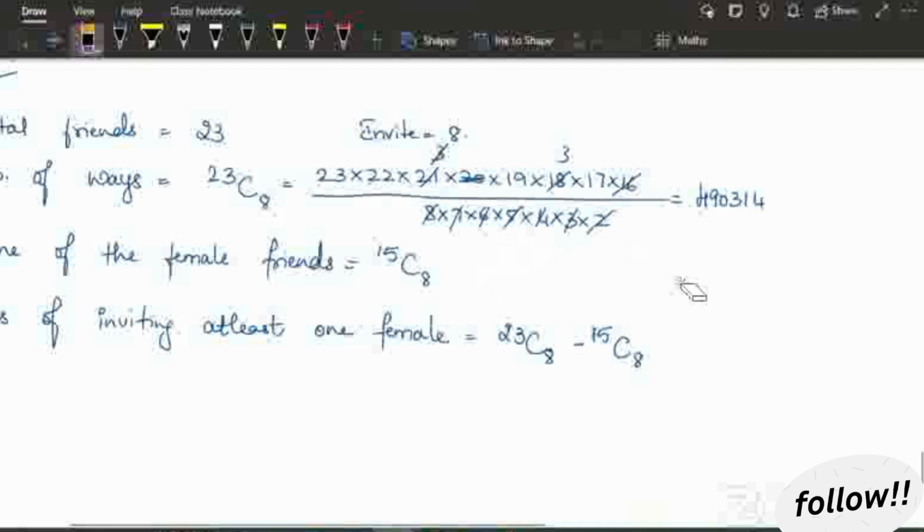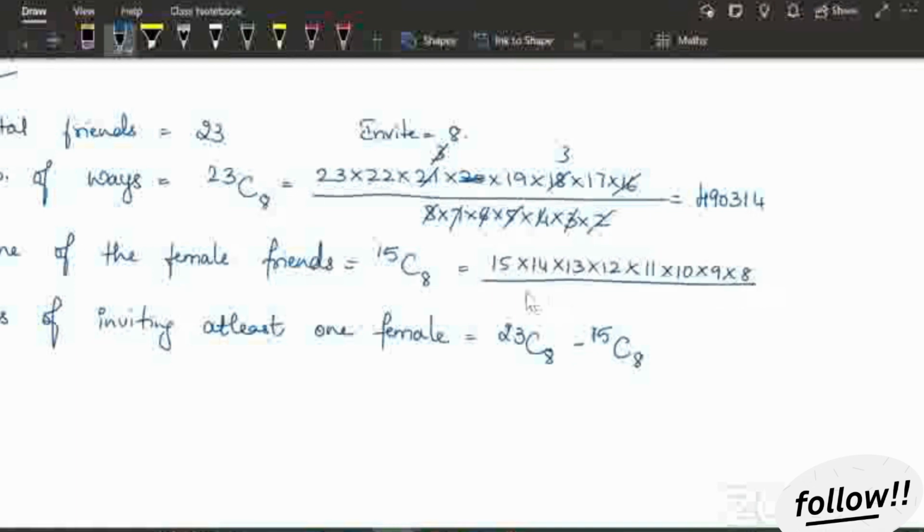Next is 15C8. Here again write 8 numbers from 15, which is 15, 14, 13, 12, 11, 10, 9, 8. And then 8 factorial in the denominator.